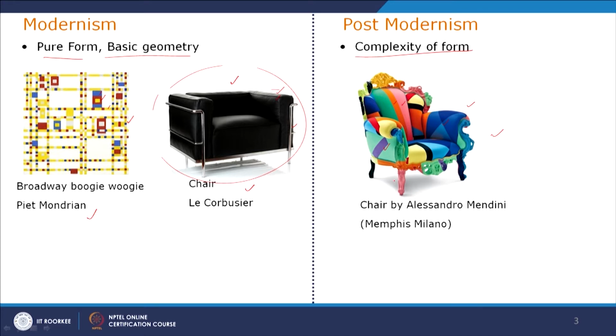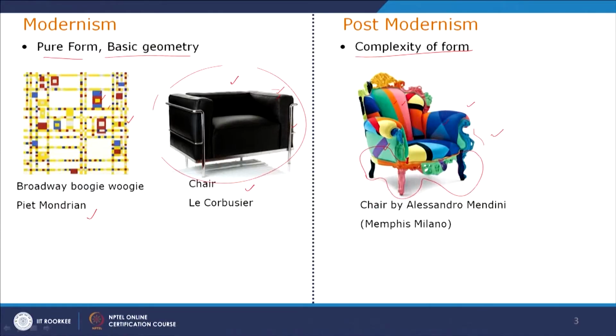Now if you look at the material, the material is also colored in a different way. You will not see the material's own texture, and different kinds of colors were used on the material as well. So the material is hidden, and the true texture of the material is not shown. This is wood carving, and the form is not geometric at all, and it also has a historic connotation.